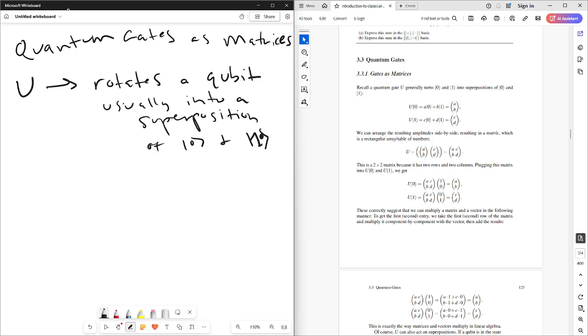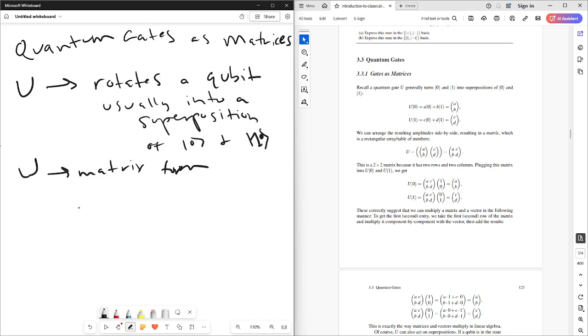The way that we can take any quantum gate U and put it into a matrix form is via this matrix notation.